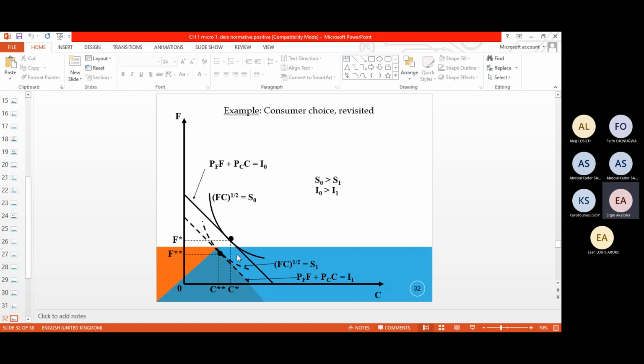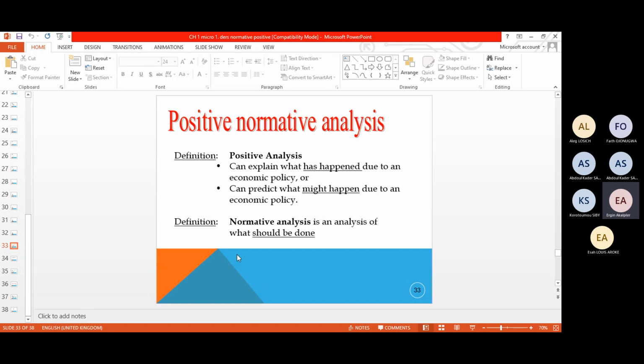The positive and normative analysis: when we are looking, the positive analysis can explain what has happened due to an economic policy, or can predict what might happen due to an economic policy.